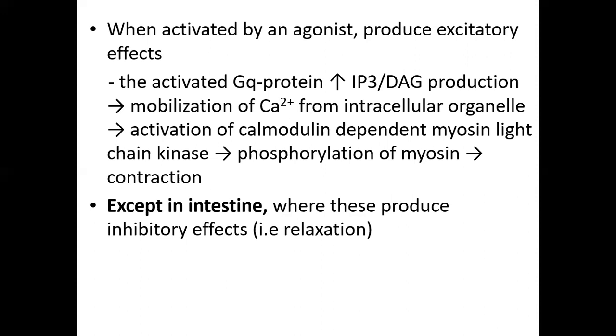Then there is activation of calmodulin dependent myosin light chain kinase, whereby there is phosphorylation of myosin and contraction is seen. There is an exception in the intestines, where they produce an inhibitory effect, that is, a relaxation effect.